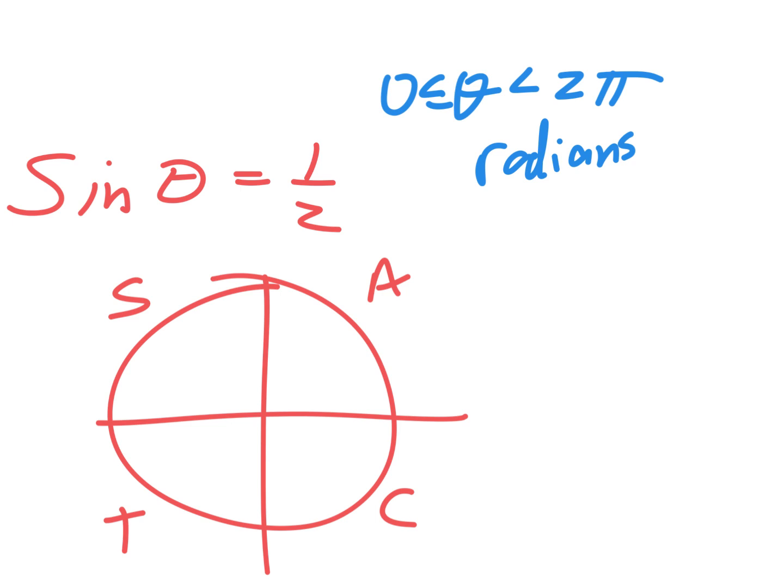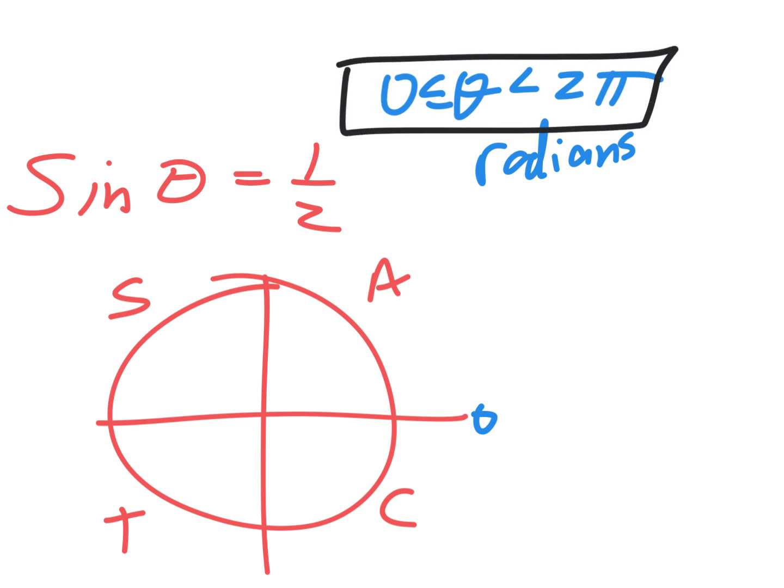Because they're the same exact thing. 0. Because 0 and 2 pi both live right there. So you've got to either say 0 or say 2 pi. You wouldn't say both as your answer. So this is an important statement you're going to start seeing more and more, and it'll be on your test all over the place. And you need to understand that it means your answers are between 0 and 2 pi. So that means bigger than 0, which means your answers can't be negative either.